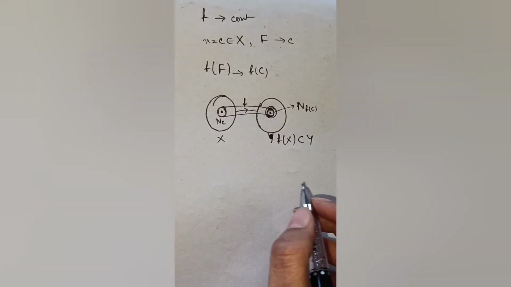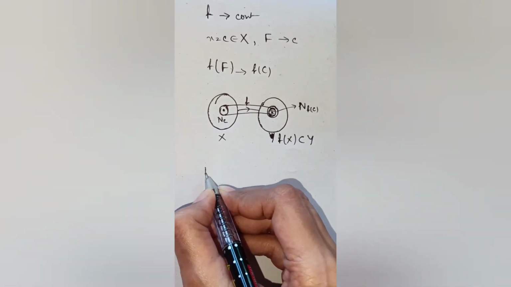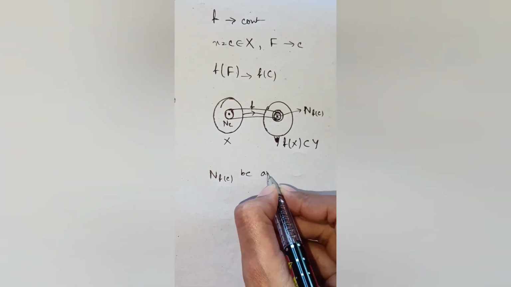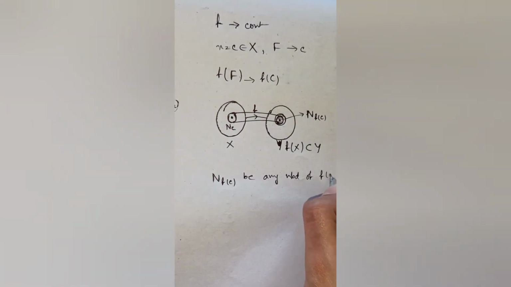Now since F is a filter which converges to c, we let N of f(c) be any neighborhood of f(c).